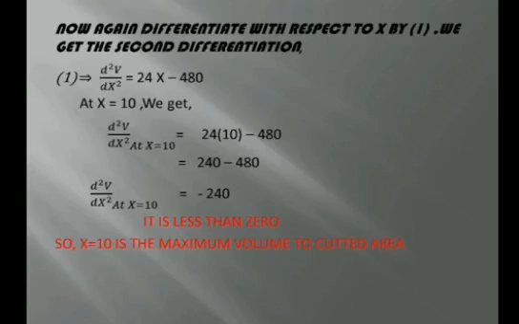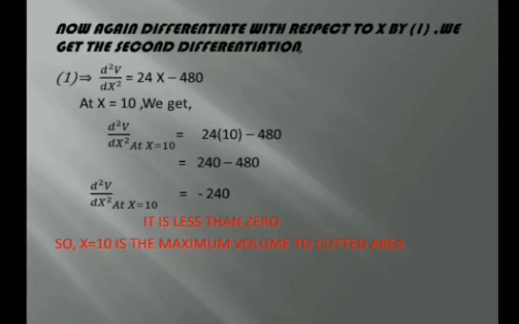Now again differentiating equation 1 with respect to x, we get the second derivative, d square V divided by dx square is equal to 24x minus 480. At x is equal to 10 we substitute the value.